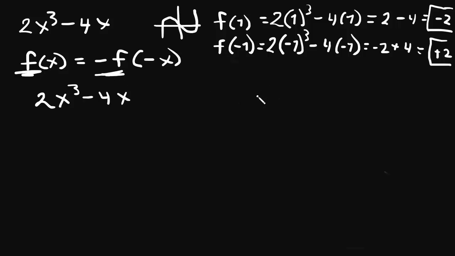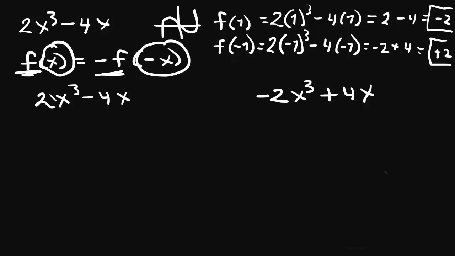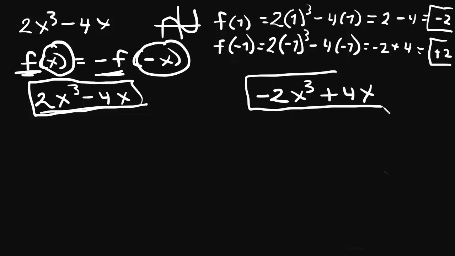We should end up with negative 2x cubed plus 4x if we put in a negative x instead of a positive x. So let's see if that really works out. So this is what our results should look like if it's absolutely, universally, and always an odd function.